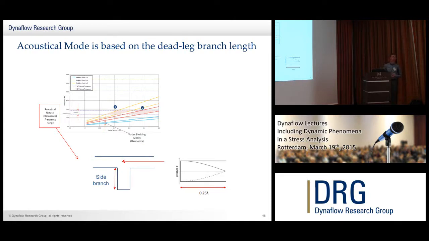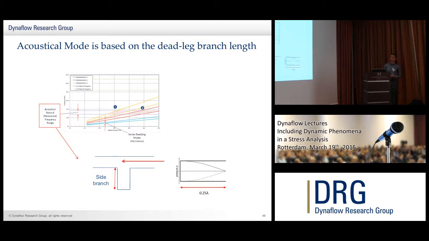Now we're going to look at the vertical. How do we calculate the acoustic modes for the dead leg branches? If you remember, we talked on the earlier slide about open and closed systems. So what is the natural frequency of an open-closed system? Say this is the side branch, and this is the open-closed. This is your first harmonic, which corresponds to the purple line here.